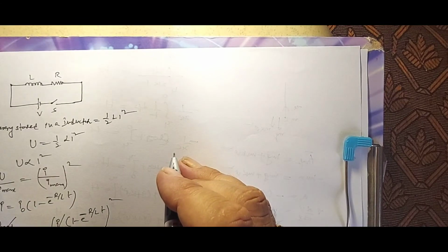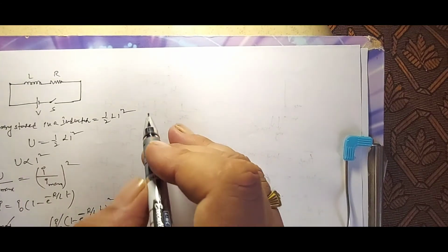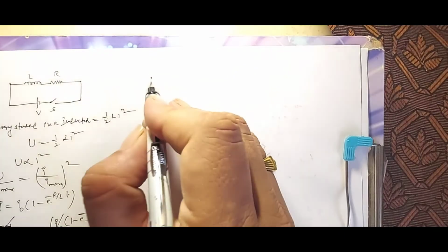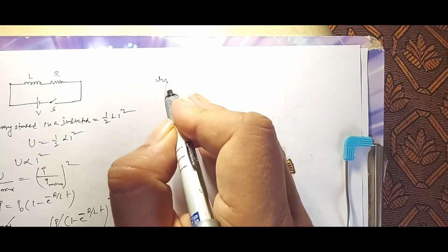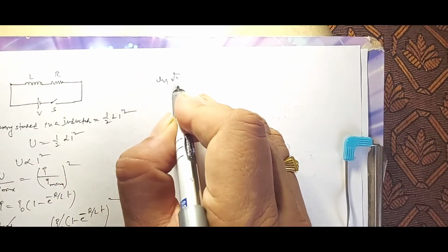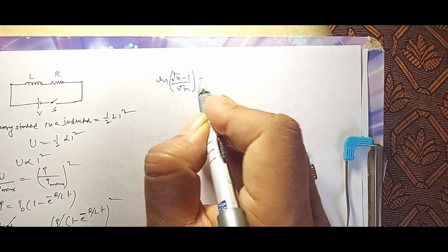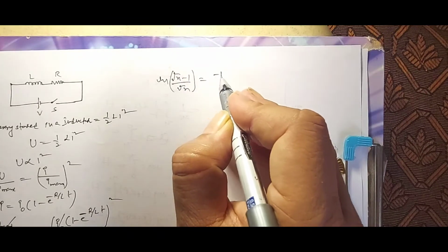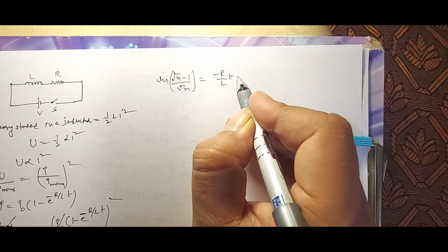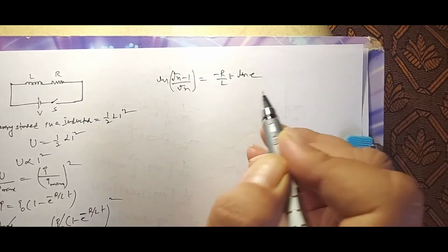Now take logarithm. So ln of (root n minus 1) by root n is equal to minus R by L into t ln e.